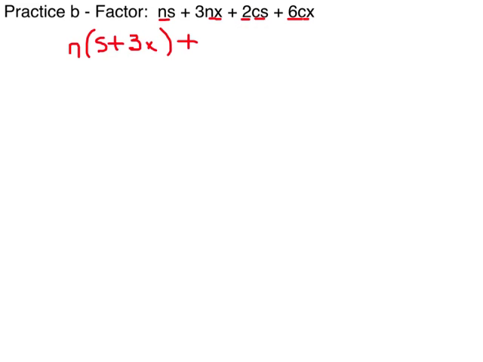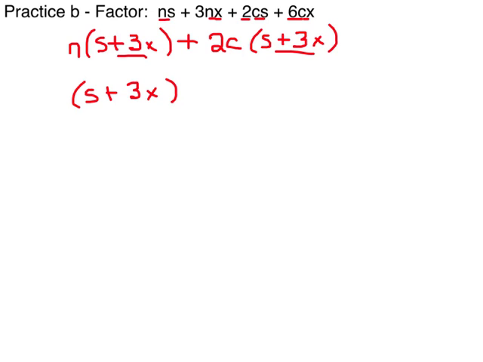So I'm going to take out 2c, and when I do, I'm left with s plus, there you go, 3x. Now, these two are in common to both terms, so I'm going to take those out. And what do I have left? n plus 2c. All there is to it.